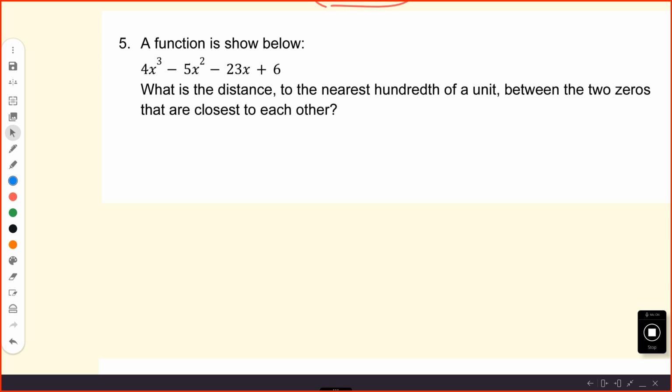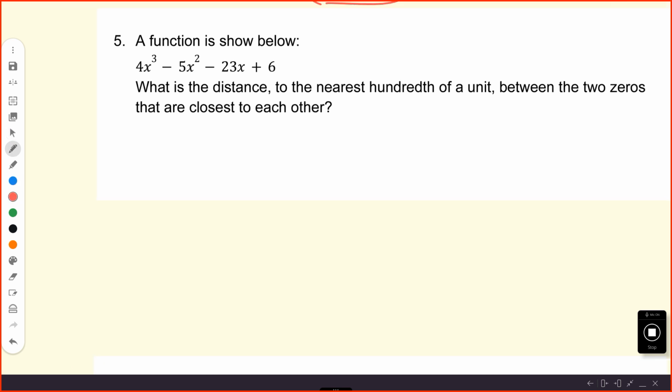I'll think of how to break negative 5x squared so that it will have a common factor with the first term, and how to break negative 23x so it will have a common factor with the 6. We're going to think that way if it's not factorable by regular grouping.